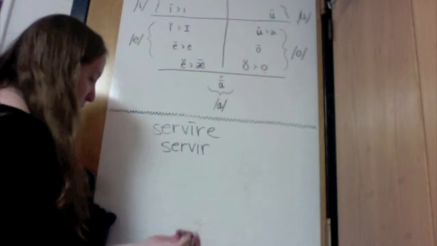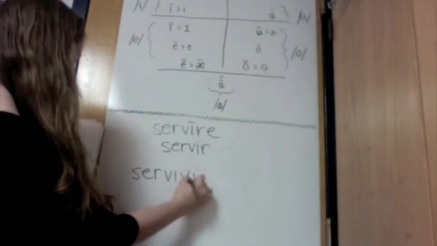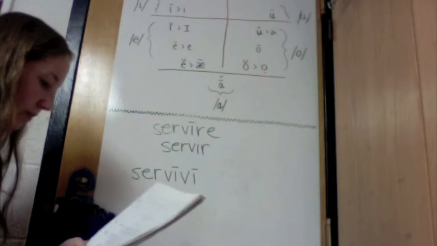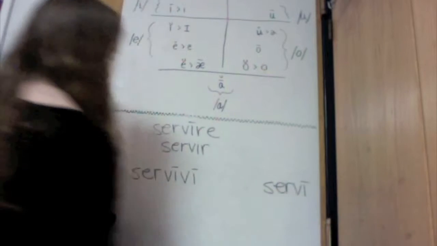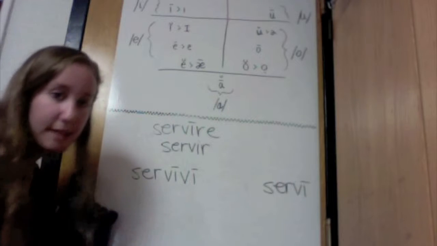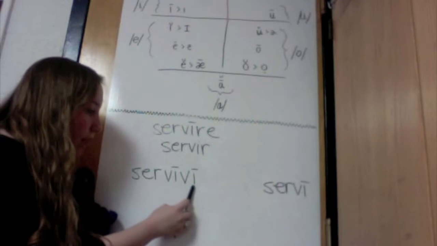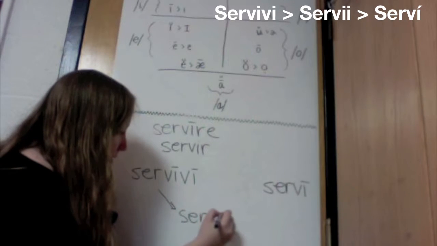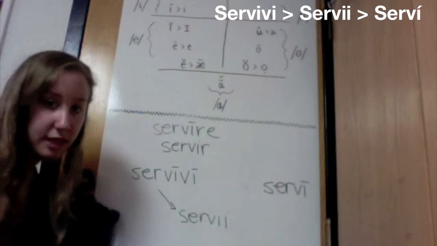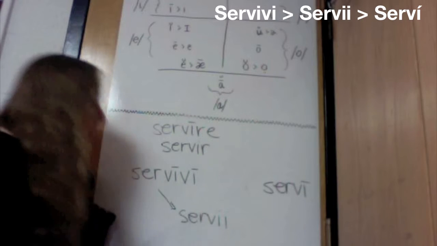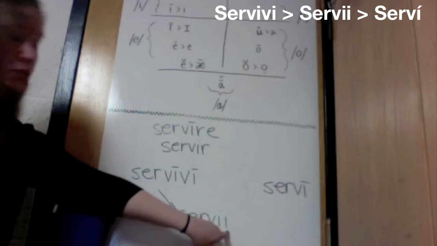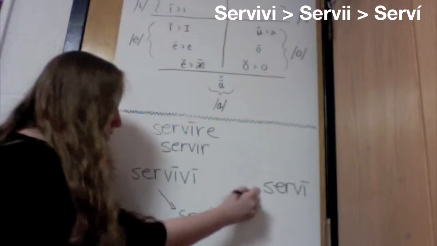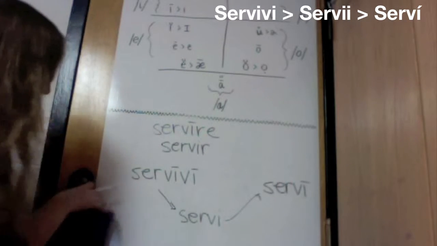The Latin preterite is servivi, and the Spanish preterite is serví. Like I said, the V is in between two vowels, so that cancels out to make this. But that doesn't make sense, and because they're two of the same vowel together, you just take one off, and there you go. You got the serví.